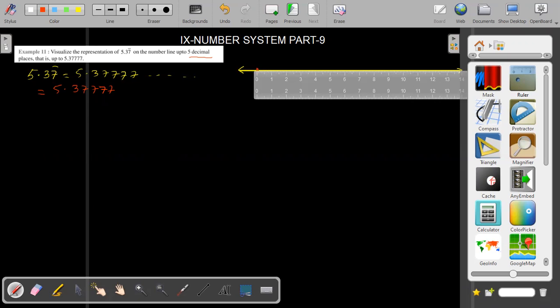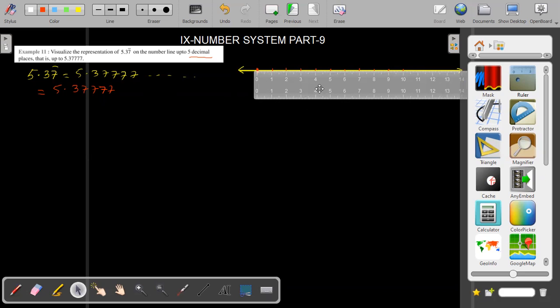So this is 0, this is one part, second part, third part, fourth part, fifth, sixth, seventh, eighth, ninth, and 10th part.